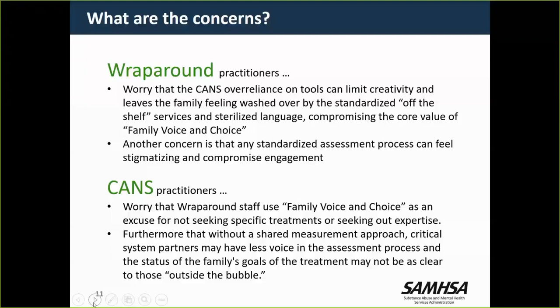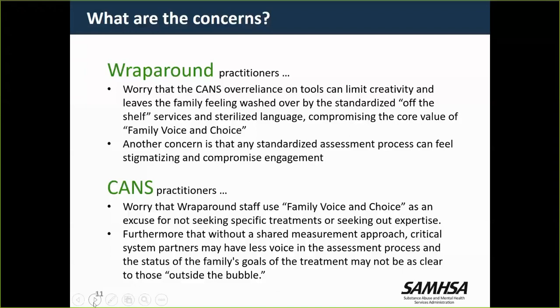Hi, everybody. Eric Bruns here from the University of Washington. It is not surprising that we have so many folks who in the poll question voiced that they're doing both CANS and wraparound. Clearly, CANS is now a leading, if not the leading, child and family assessment tool being used in systems of care, and wraparound is clearly the leading care coordination model for kids with complex needs and their families.